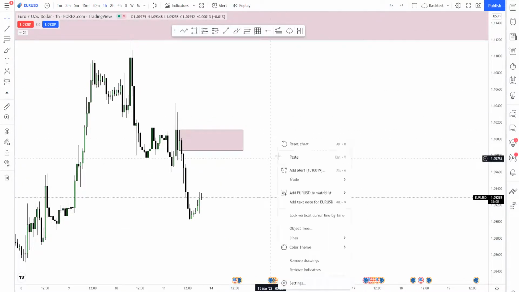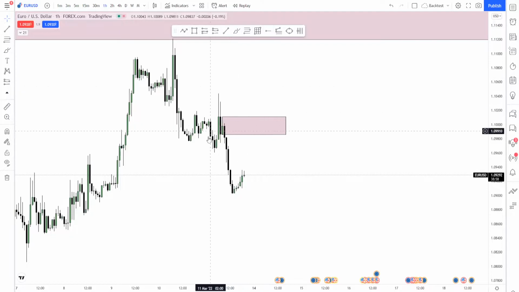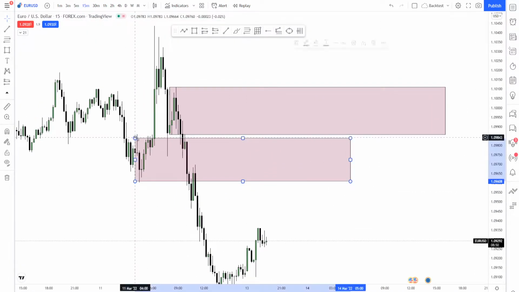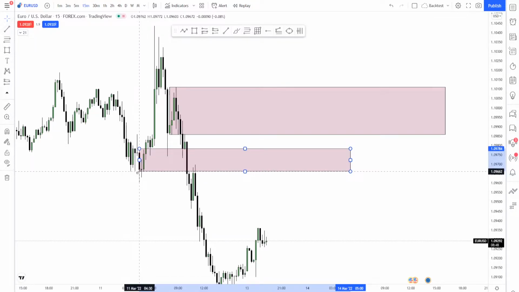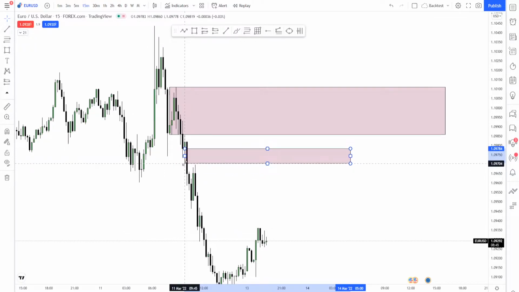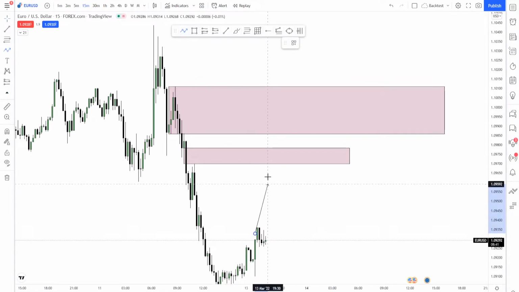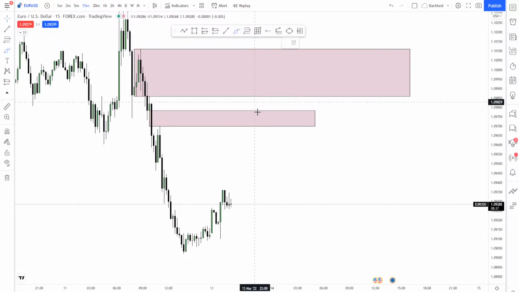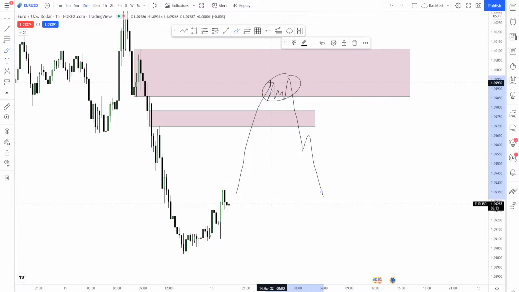So we could also see price come into this breaker block. At the moment, we just have a look and see what happens. Could see price come into here, which is also an imbalance. So price can come up to this FVG instead and then go down, or we could see price come straight up here, consolidate, take sell side liquidity, and then break of structure.